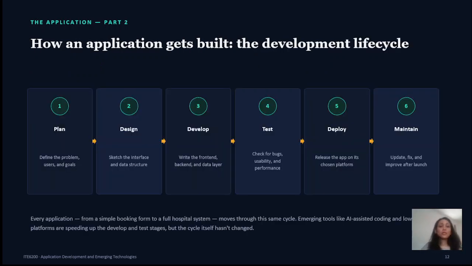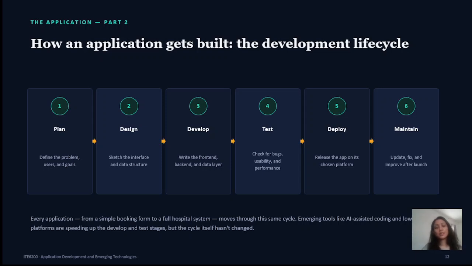So how an application gets built: the development life cycle. The first is we plan it, we define the problem, the users, and the goals. We design it, sketch the interface and the data structure. The third one is develop, the front end, back end, and the data layer.